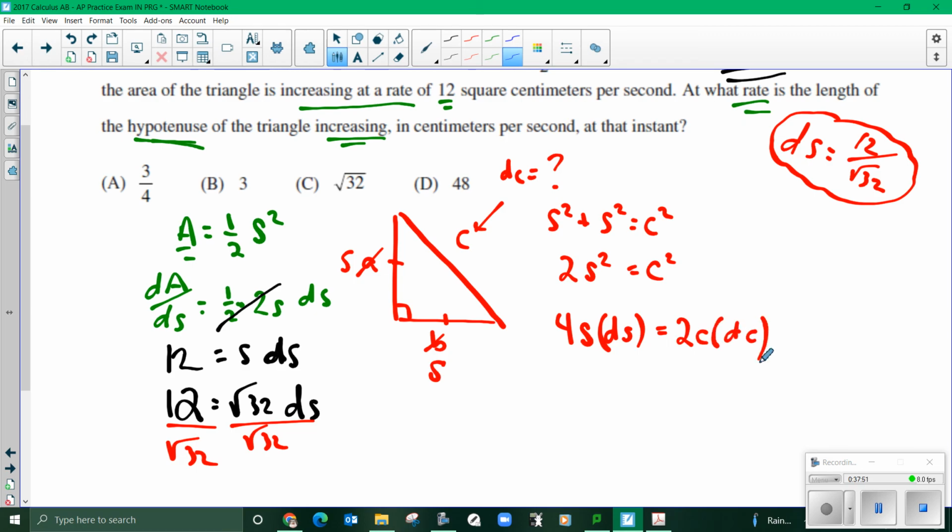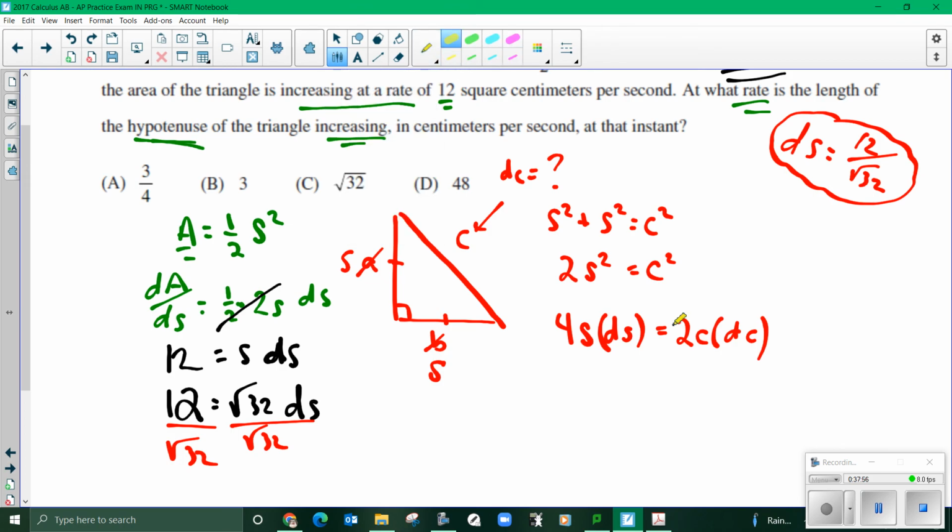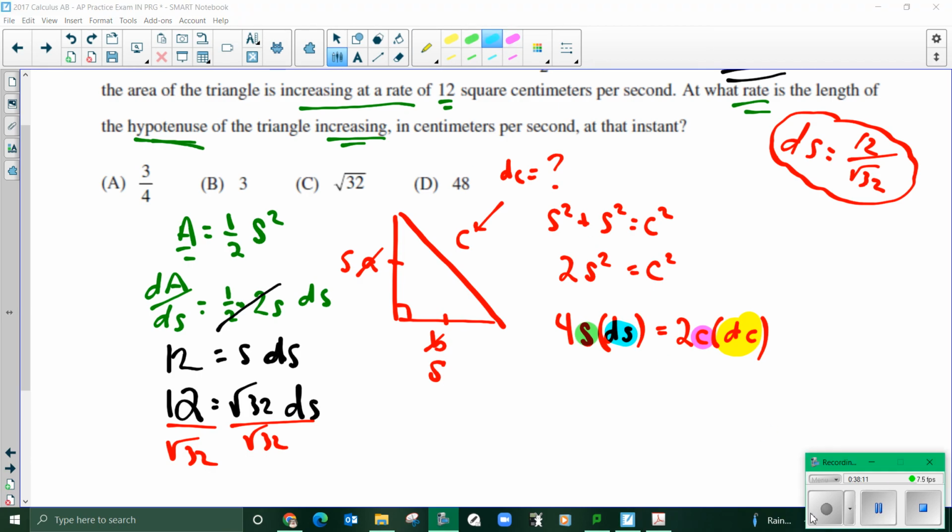This is good. This is what I'm trying to figure out, which means I should know a c value here, an s value here, and a ds value here. So let's fill in what we got.